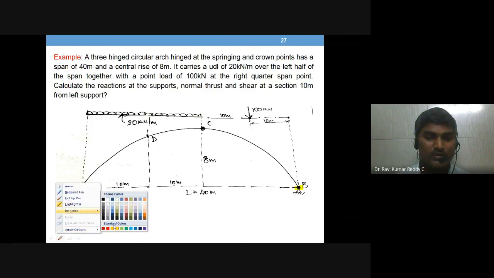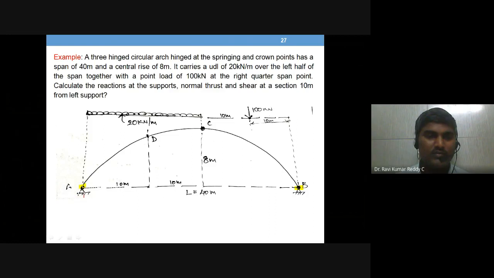This is where the hinge is present. These two points we call springing points. This we call crown. In the other way, it is a three-hinged circular arch.